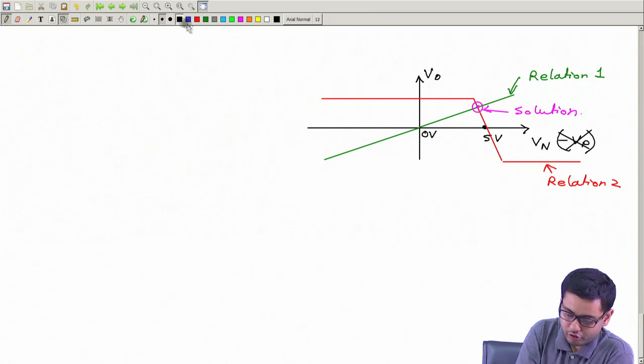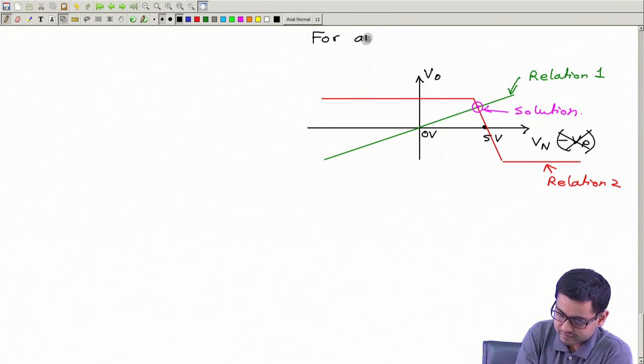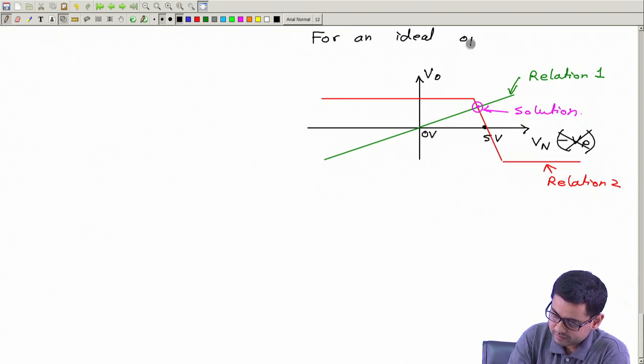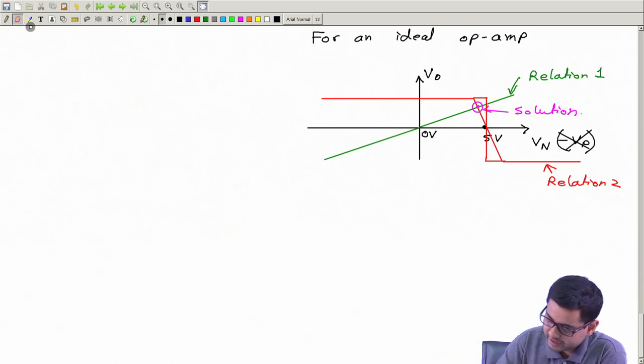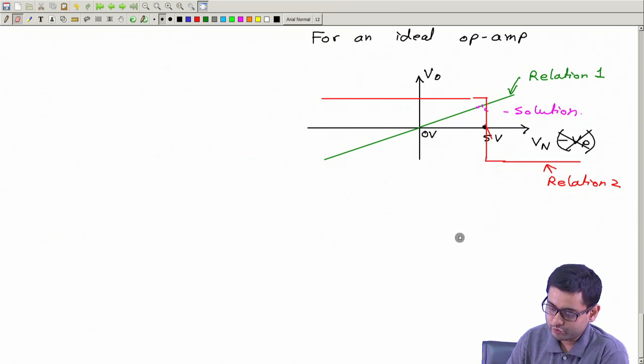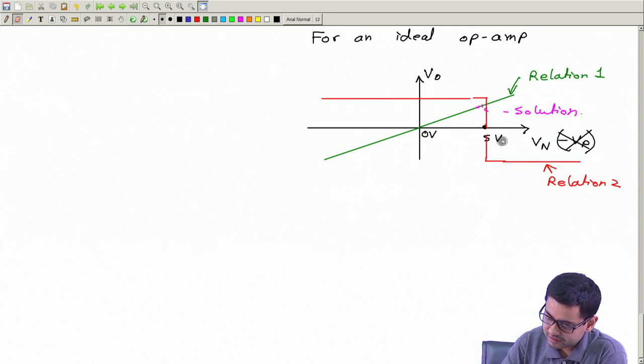For an ideal op amp, what is the modification I have to do? I have to make this line as vertical as possible, and I can erase the previous one. So now the solution will be at this point.